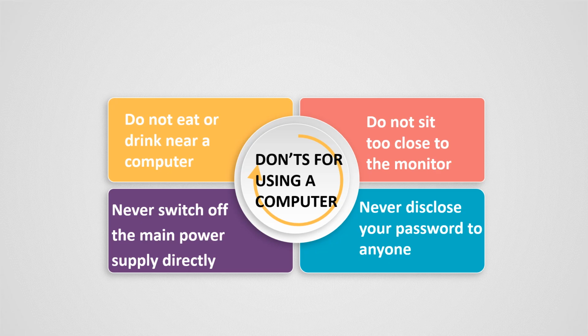You should never disclose your password to any outsider while working on the internet to avoid hacking problems. If you will disclose your password to anyone, then he or she may hack your accounts and this will create a lot of problem.